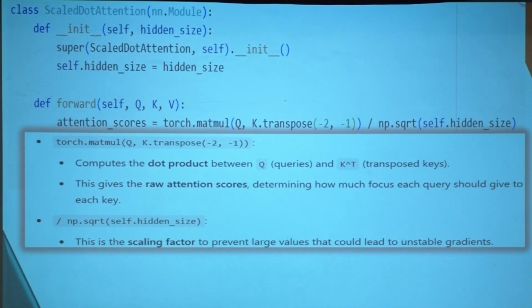Are you clear, guys? The formula, you will have to remember now. Okay, so you will be doing the dot product of queries and transposed keys, and also you will be dividing it for scaling by np.sqrt of self.hidden_size. So that hidden size will give me the size or dimension of my key.